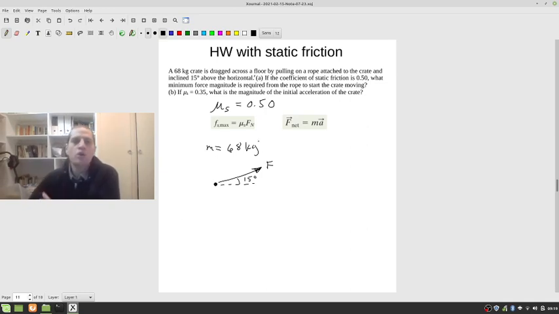Okay, so let's see. In this case, we know what our force of gravity is because it's going to be m, that's 68 kilograms, times g. We don't know what the normal force is.